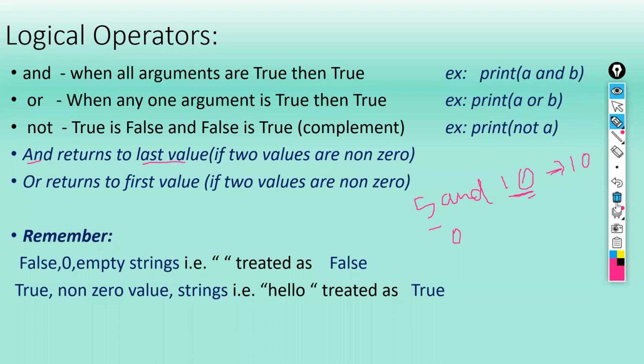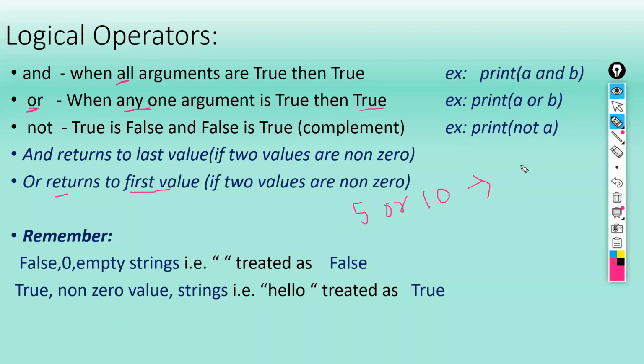So while we are executing some code, you can see that. In the same way for OR also. If any one is true, then it is automatically true. If we are taking numbers, it returns the first value. For example, 5 or 10.